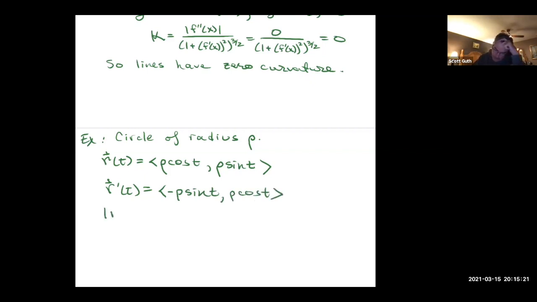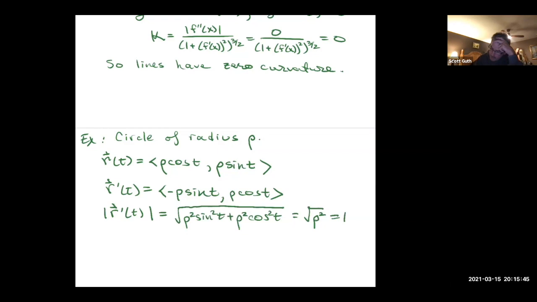And the magnitude of r prime of t will be the square root of rho squared sine squared t plus rho squared cos squared t, which is just the square root of rho squared, which is the absolute value of rho, which is just rho, because rho is the radius of a circle. So I'll just add up here rho is greater than 0 because it doesn't make sense otherwise.